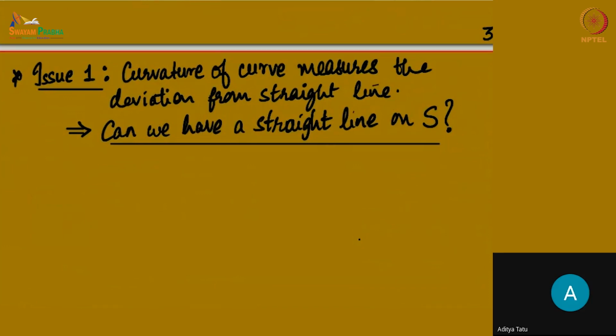Intuitively, curvature of a curve, as we have seen, measures the deviation from a straight line. What would be a straight line on a surface? Is the question understood?